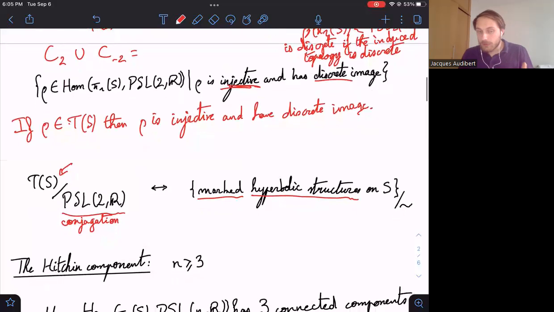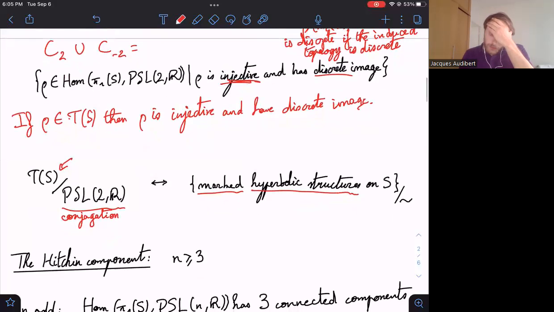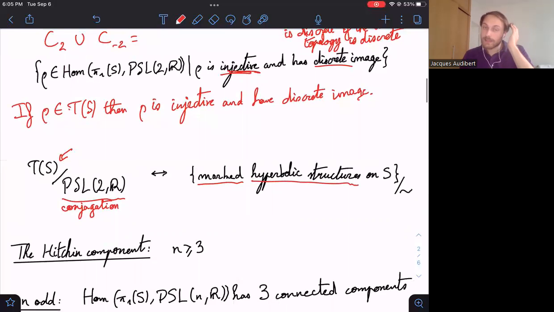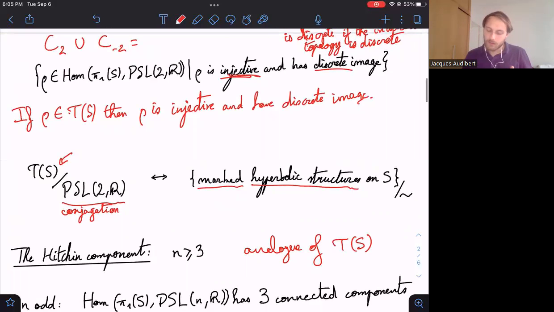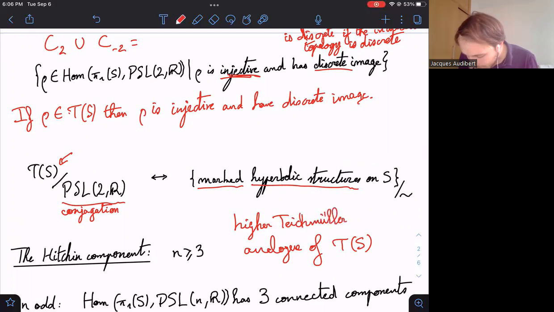Now comes the Hitchin component, which is kind of an analog, for PSLnR when n is at least 3, of Teichmüller space. The field that studies this is called higher Teichmüller theory, and it's called this way because it studies spaces that are analogs of Teichmüller space.